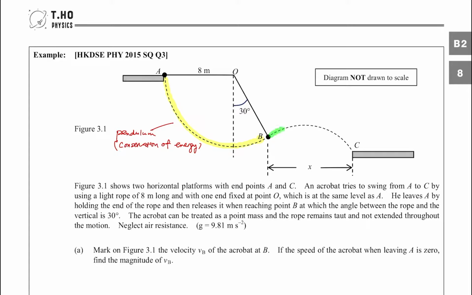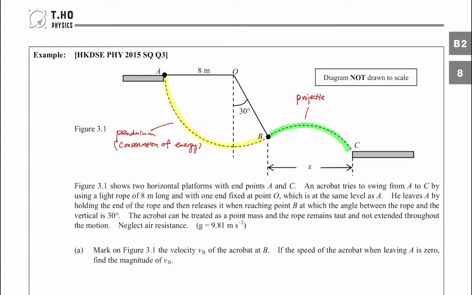For the second part of the motion, he has released the string, so he is under gravity. This is the projectile part, so we can make use of projectile motion to solve for this motion.